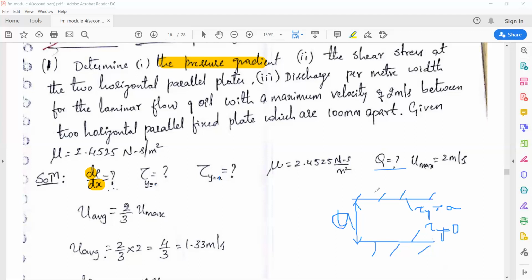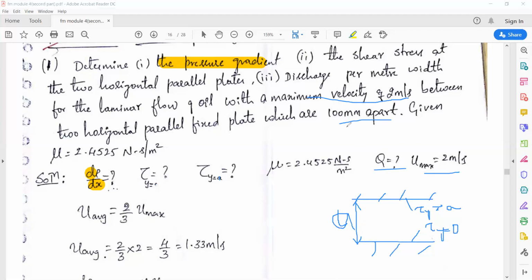All right, with a maximum velocity of 2 meter per second. So U maximum is equal to 2 meter per second, between two horizontal parallel fixed plates which are 100 mm apart. So a is equal to 100 mm, the distance between the two parallel plates.